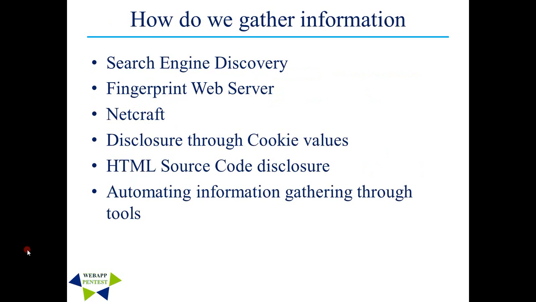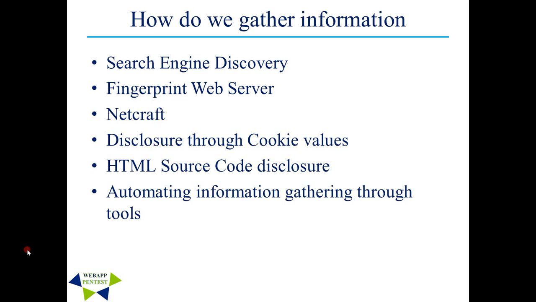So, how do we gather this kind of information? We can use a search engine to discover some information about the application. We can fingerprint the web server. We can use websites like Netcraft to gather information about the particular host. We can also get some information by looking at the cookie value of that application.